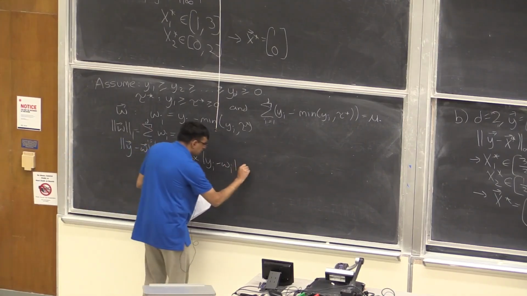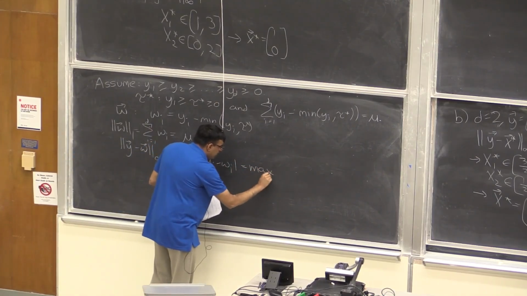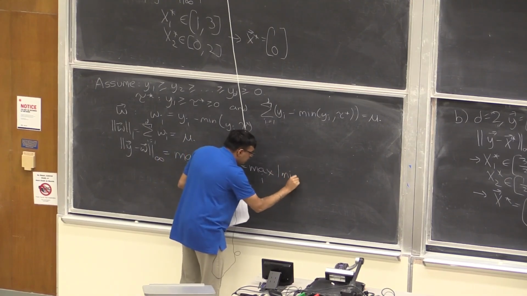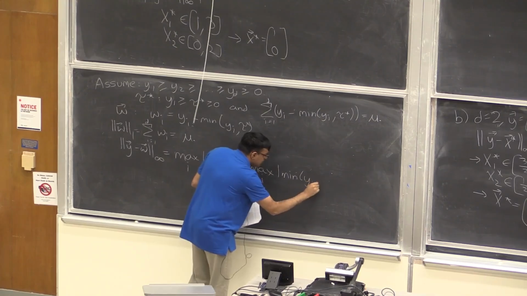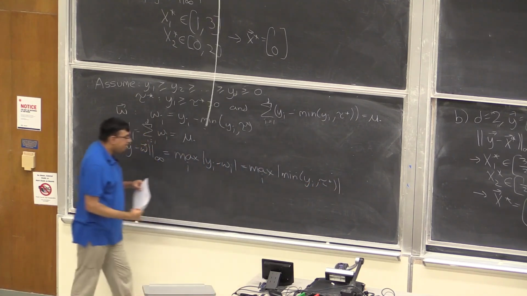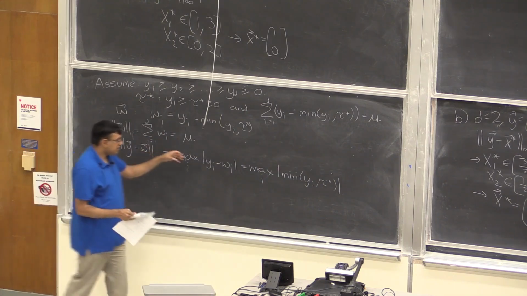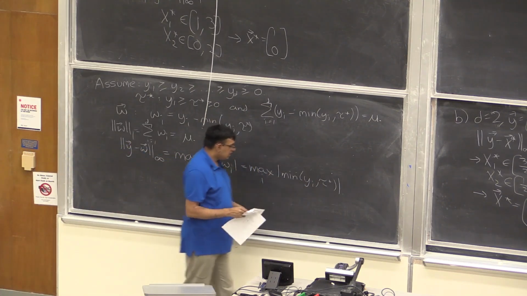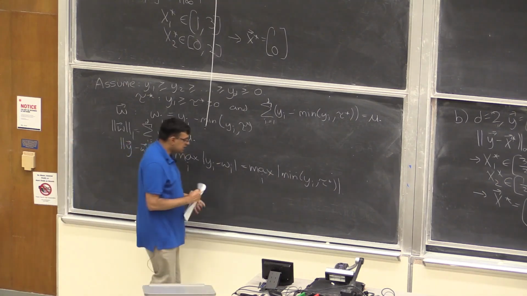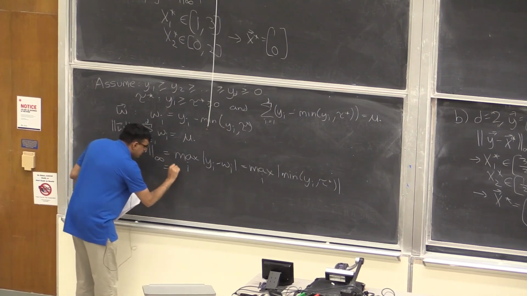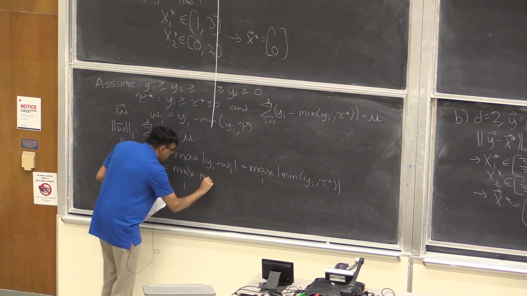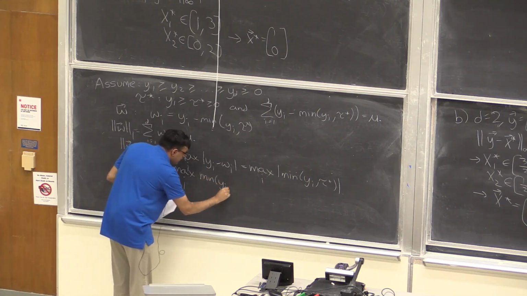This is just equal to the max over i of min of yi and tau star. The first thing is that because both of these quantities are greater than 0, the absolute value doesn't matter. So you can write this as the max over i of min of yi and tau star.